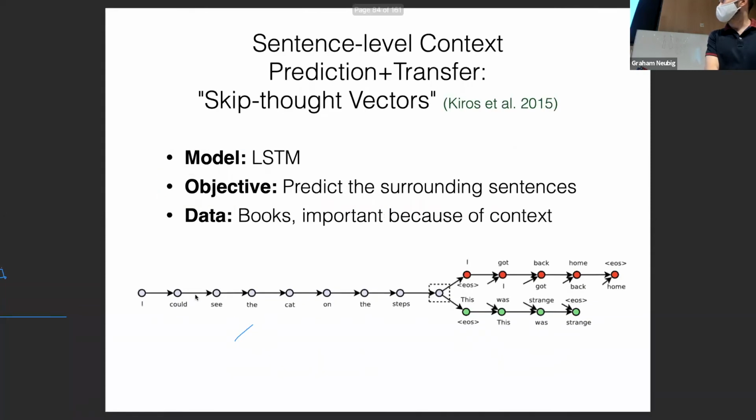Because of that, you need to learn a little bit more high level information, like what is the topic of the sentence, what is the general discourse, what is the tone of the sentence. Because of this, this was a pretty widely used method for a while.